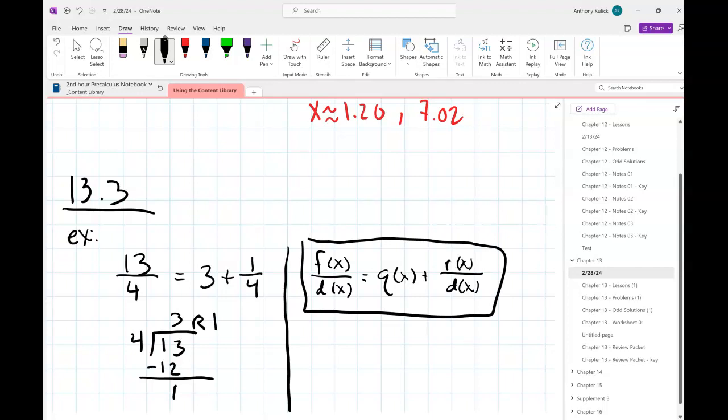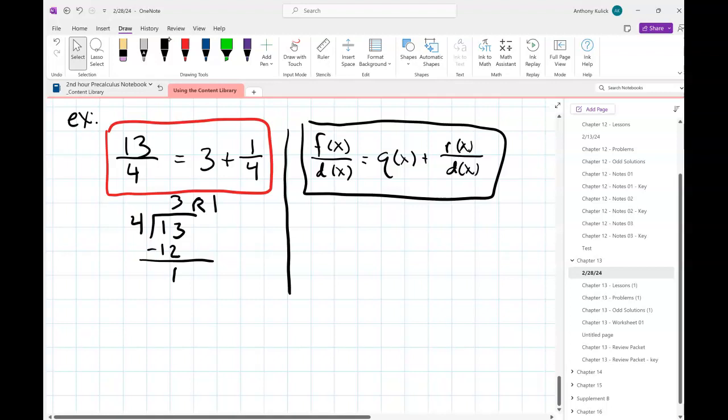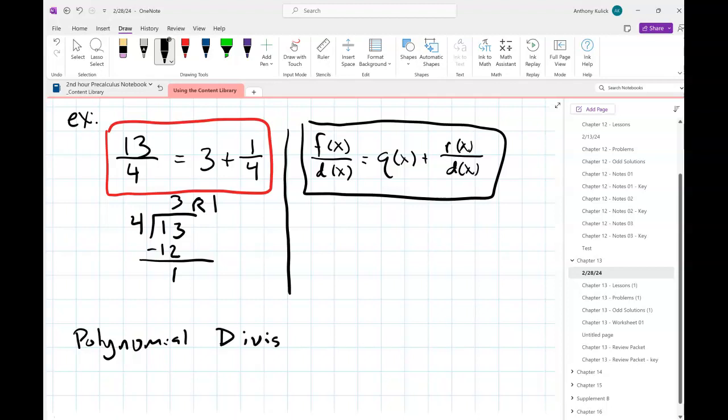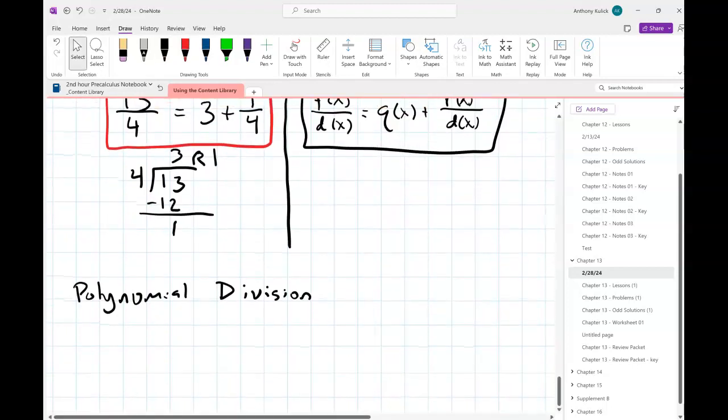We can take that same idea that we saw here and apply this to a polynomial. And this is going to be the last idea that we're going to talk about today, polynomial division.